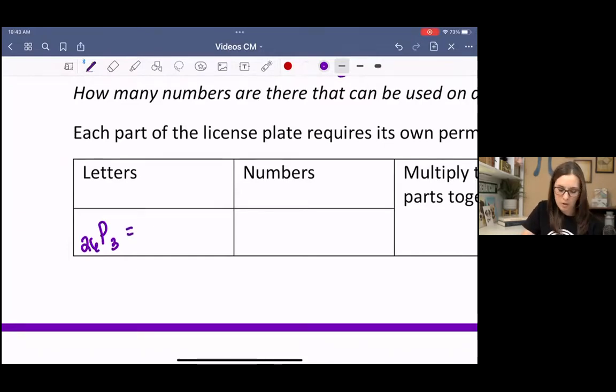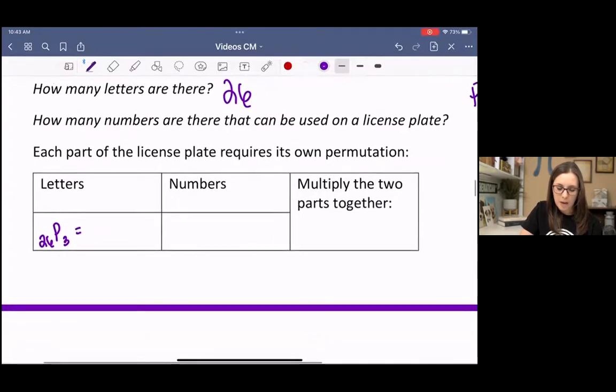Now we can talk about numbers. How many numbers are there that can be used on a license plate? Now remember, 0 is a possibility as a number. We don't need to go as far as 10 because 10 is 1 and 0. We're just talking about 1-digit numbers. So we have 0, 1, 2, 3, 4, 5, 6, 7, 8, 9.